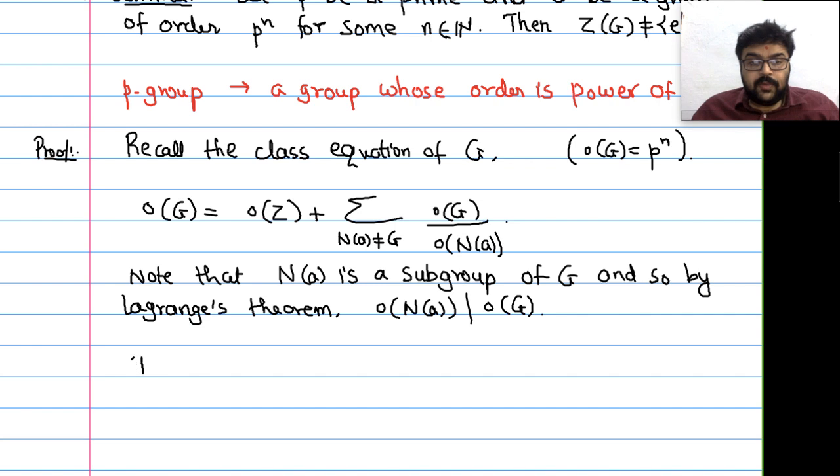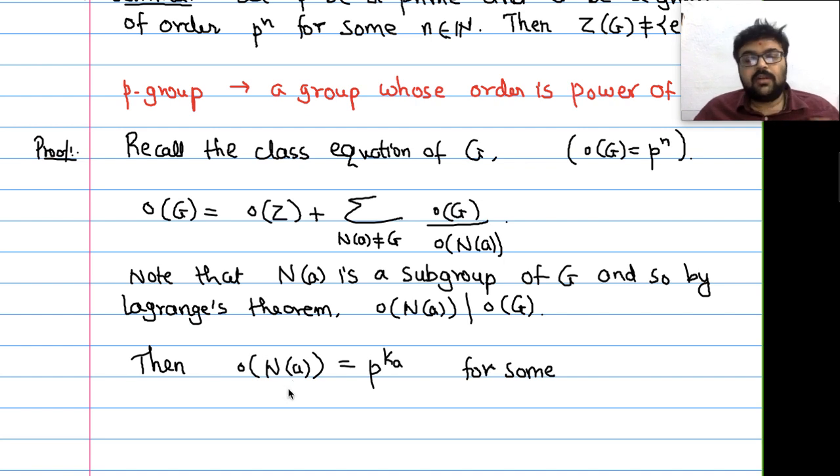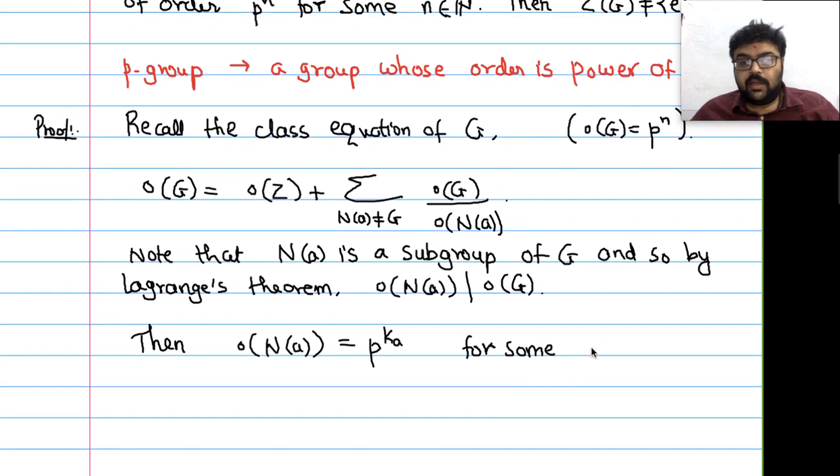So the order of N_A equals P power k_A for some k_A, which I write this way because it depends on A. If I change A, I have another subgroup N_A for that A. So for some k_A less than or equal to n.